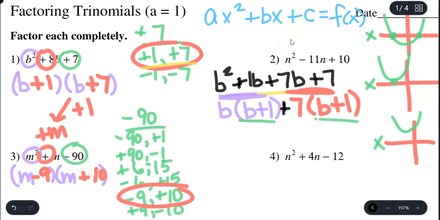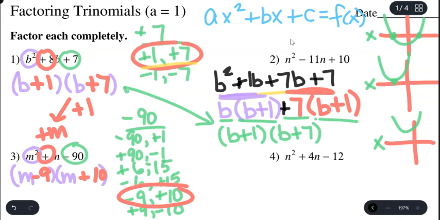What do these have in common? I can factor out a b plus 1. What's left over is a b here and a positive 7 here, and you can see that these are the same two answers.